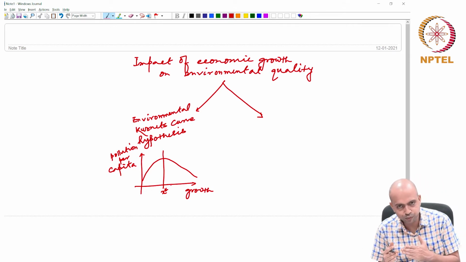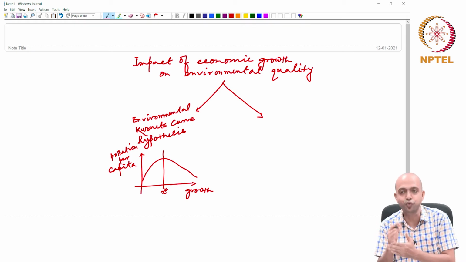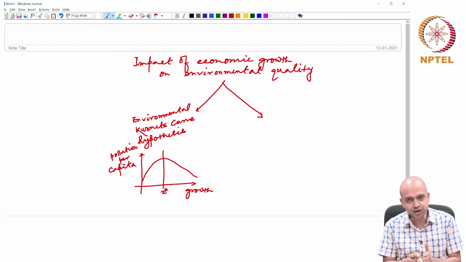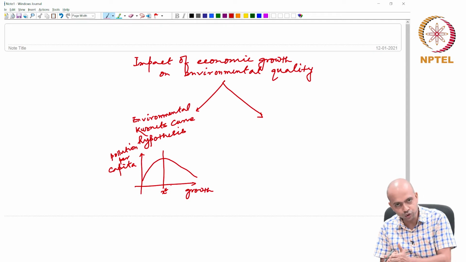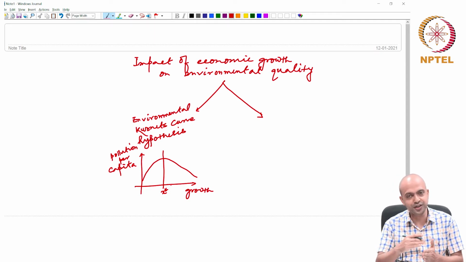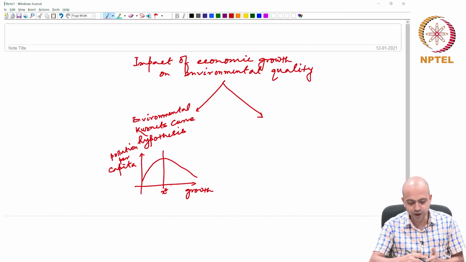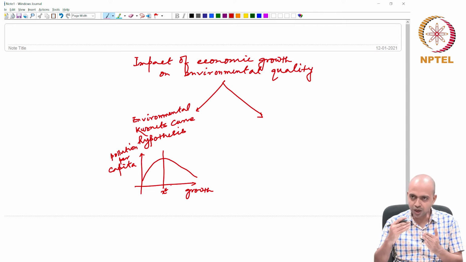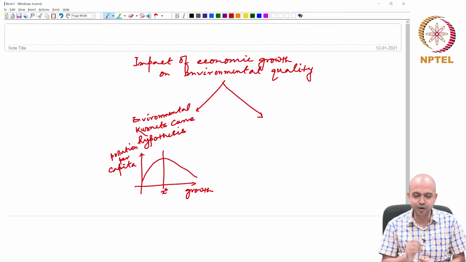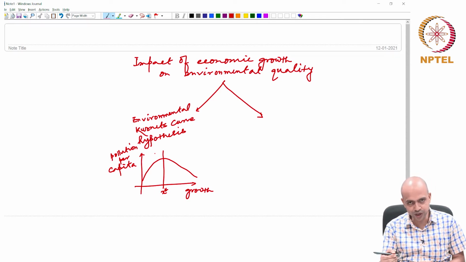That means environmental quality starts improving. So at the initial phase, with growth, environmental quality degrades and pollution per capita increases. Once the economy achieves a certain per capita level of income, let's say X star, then environmental quality starts improving and pollution per capita starts declining.